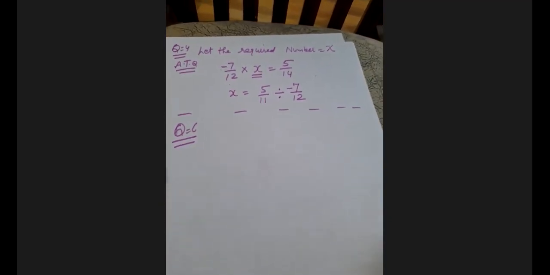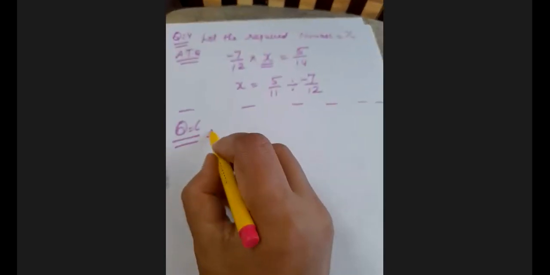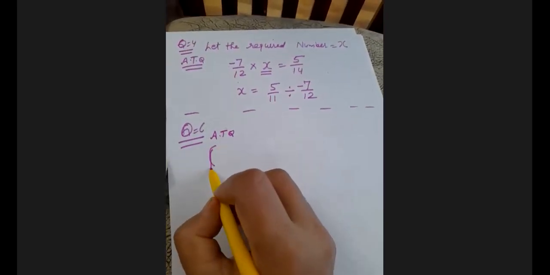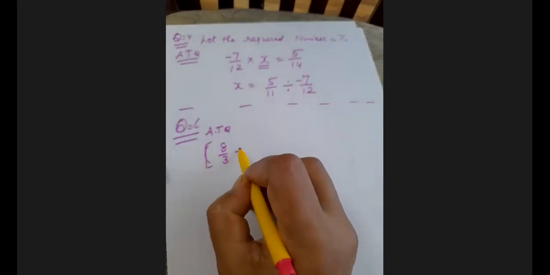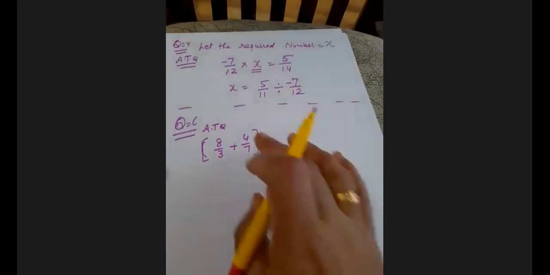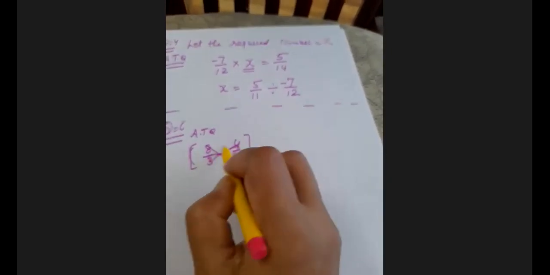Question number 6: divide the sum of minus 13 upon 8 and 5 upon 12 by their difference. Sorry, take the next question.